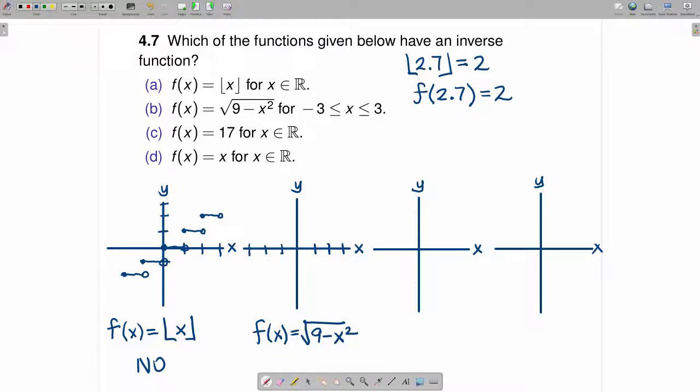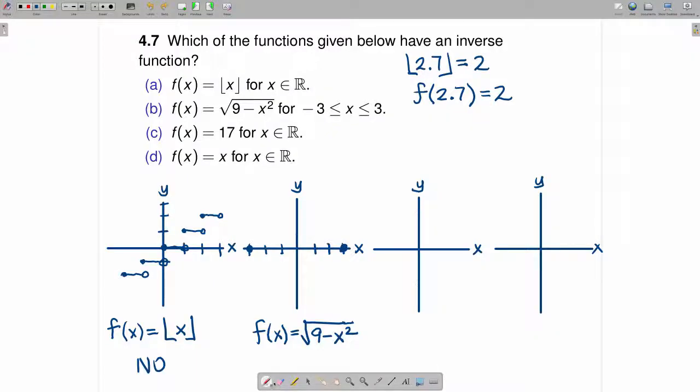Go ahead and evaluate f of -3. What do you get? You get the square root of 9 minus 9, and the square root of 9 minus 9 is going to give you 0. So the point -3, 0 is on there. How about +3? F of 3 is the square root of 9 minus 9. Square root of 0 is again 0. So you get this point here.